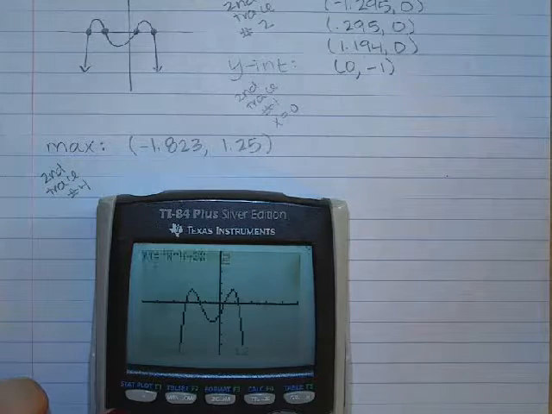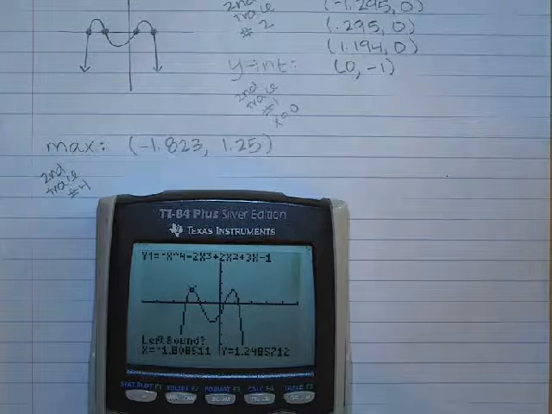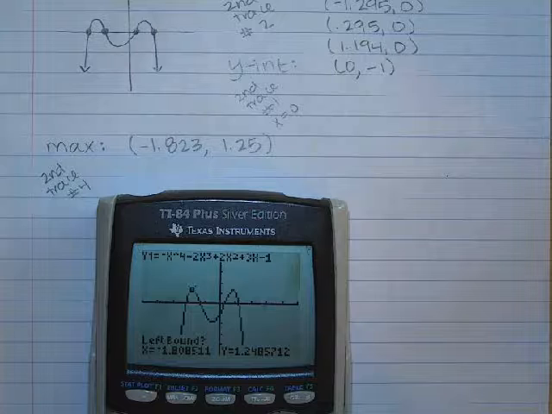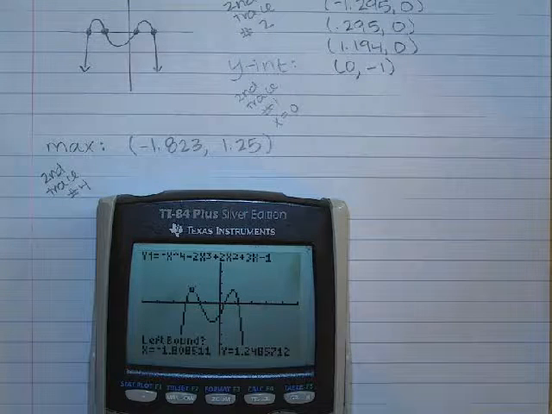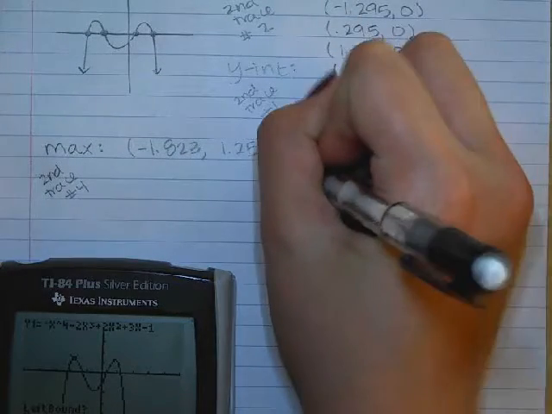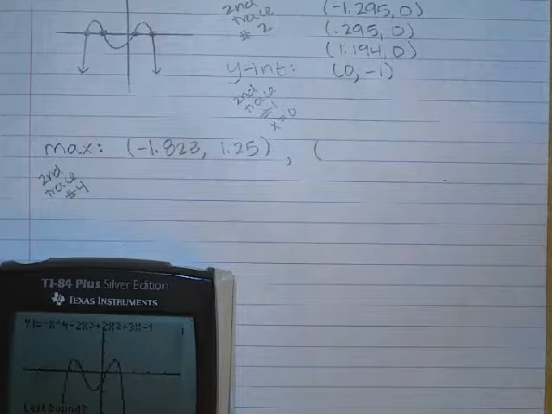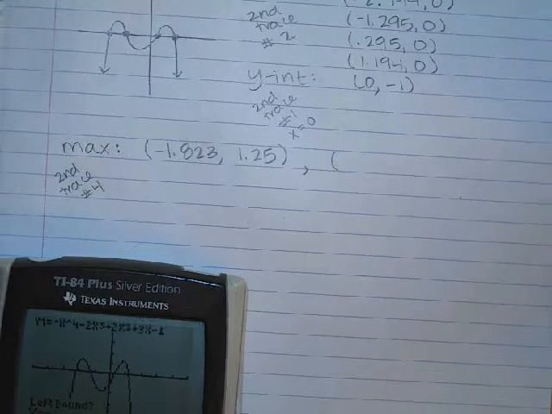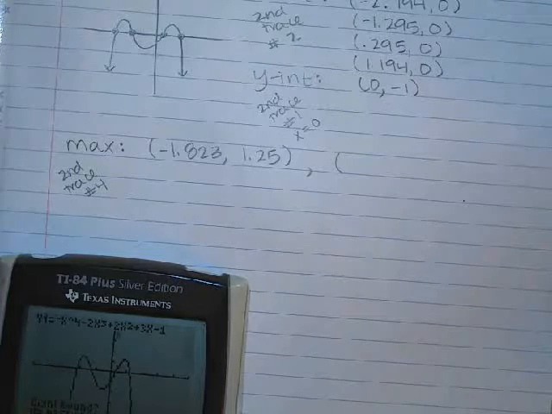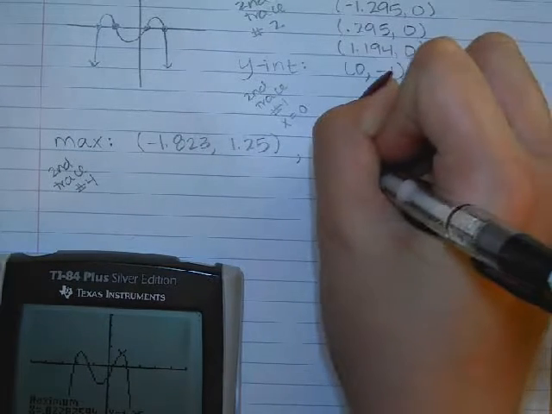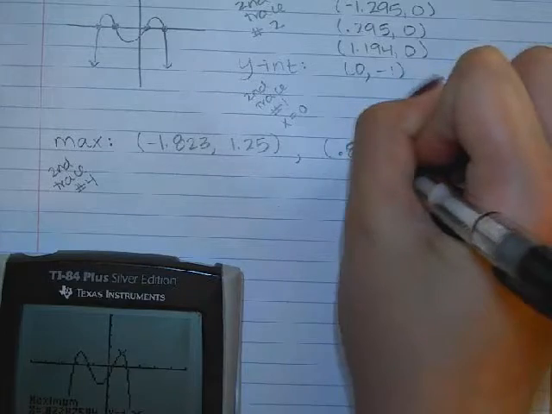So second trace, number 4. And then for your other max, you should have had 0.823, 1.25.